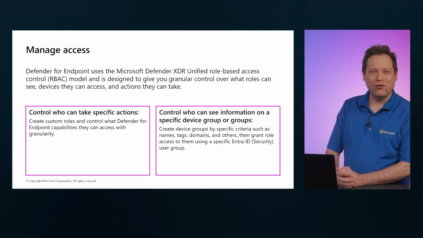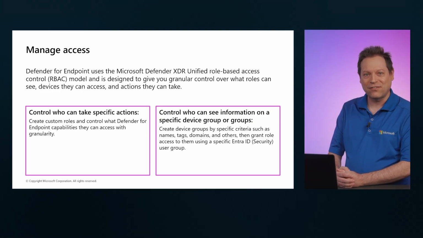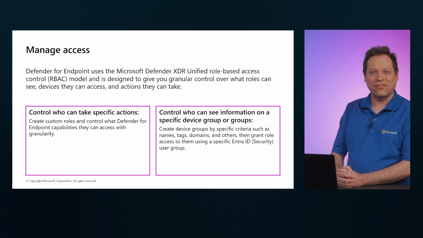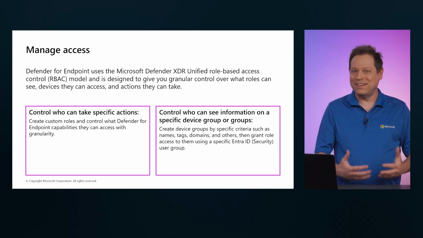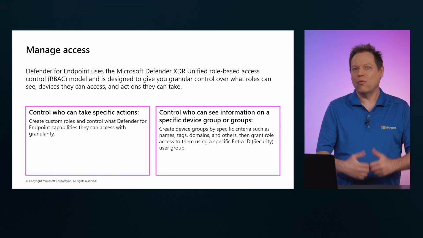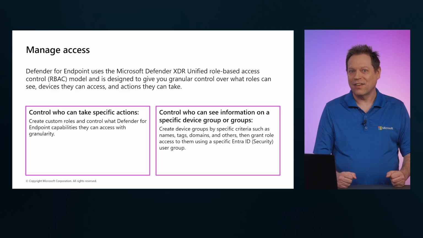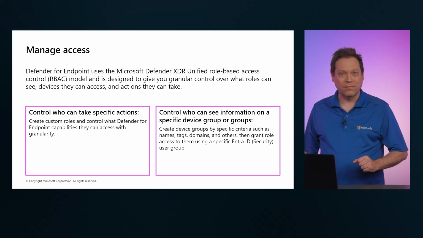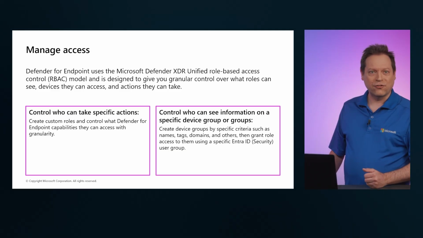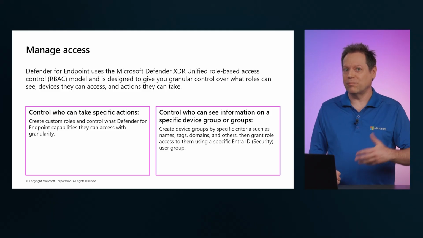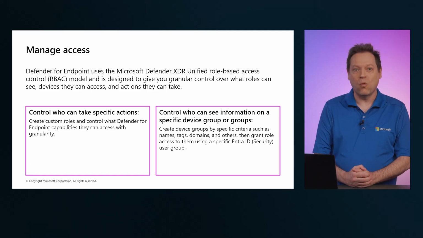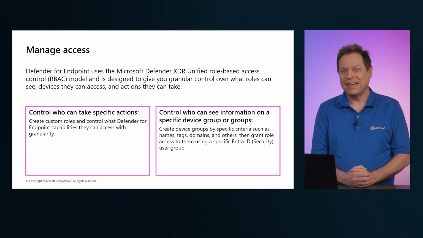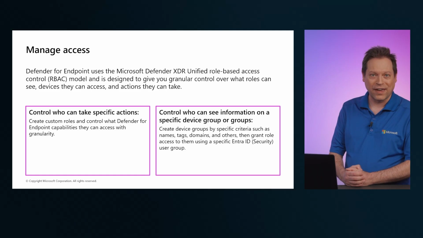Defender for Endpoint uses the Microsoft Defender XDR unified role-based access control model, giving you granular control over what different roles can see, which devices they can access, and what actions they can take. You can control who is allowed to take specific actions by creating custom roles and then selecting exactly which Defender for Endpoint capabilities those roles can use.